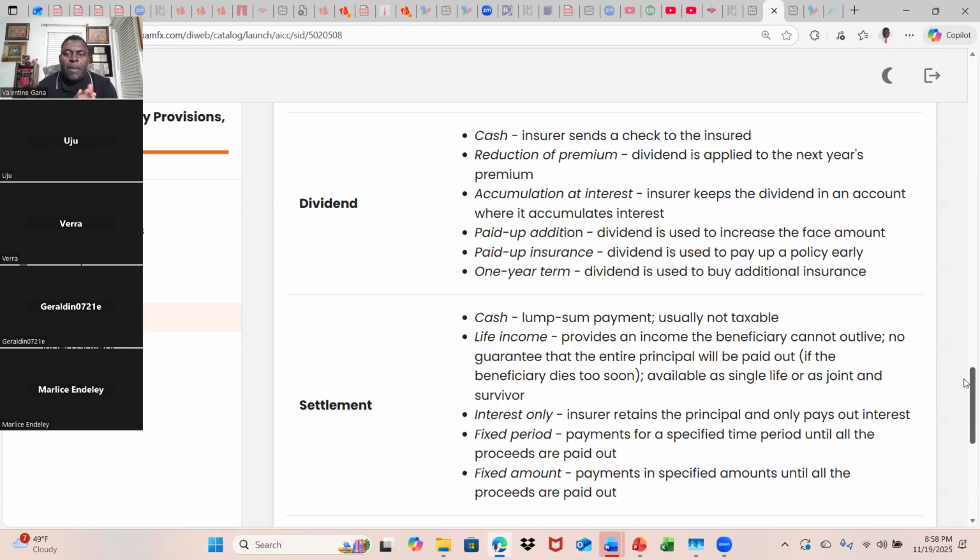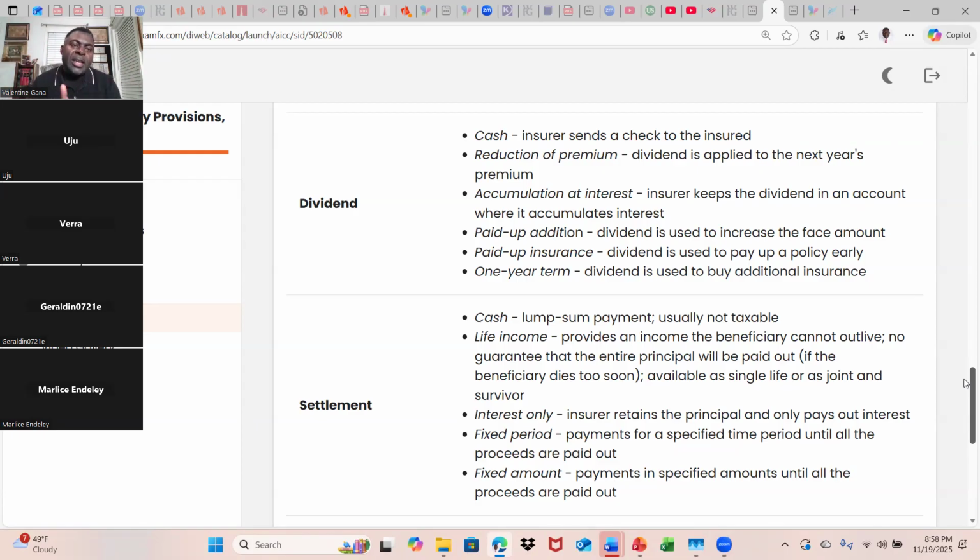You can also do what they call paid up additions. What are paid up additions? Paid up additions are when you increase the face value of your policy. Remember, face value, the same thing as death benefit. Well, might be, might not be, but face value is usually equal to the initial death benefit. Because if you have a policy that grows cash, the death benefit will change consistent with the growth of cash.